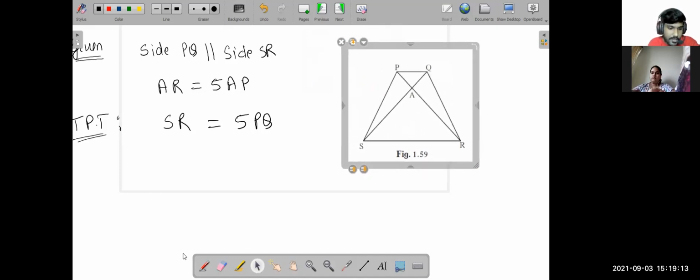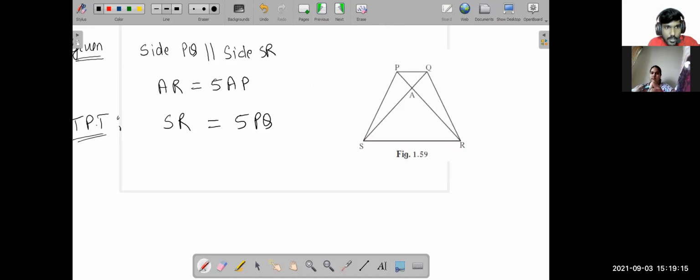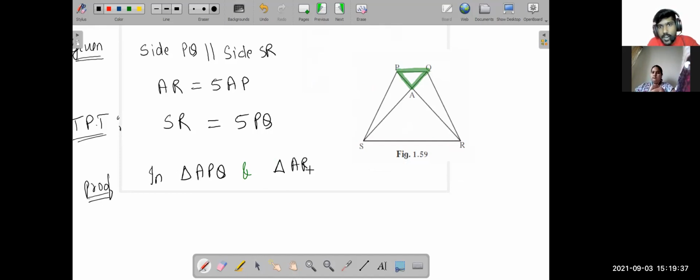Now in this, look into the two triangles that are formed. So look in triangle APQ. Okay, I'll highlight it. APQ, this one in green. And look into triangle ARS. So ARS I'll highlight.